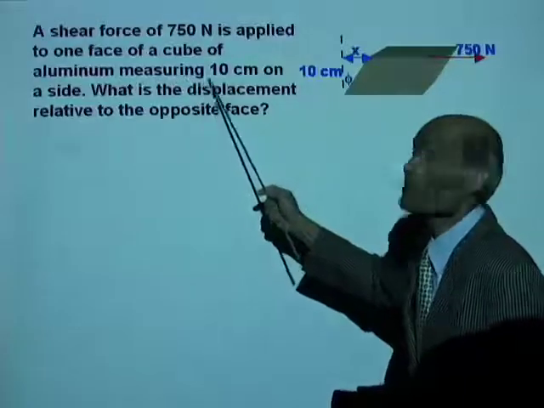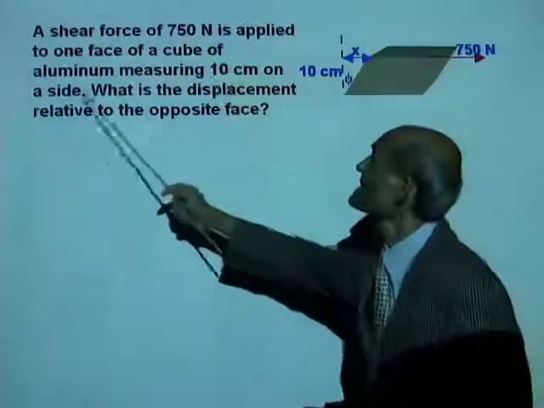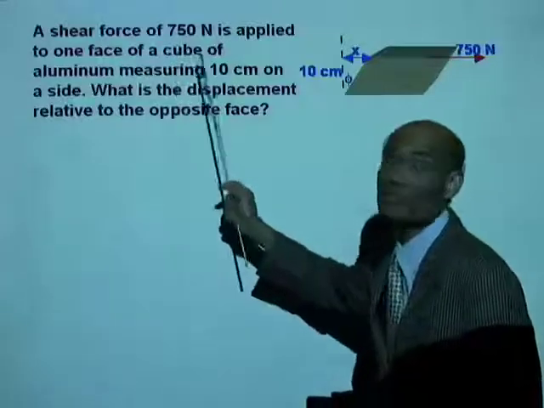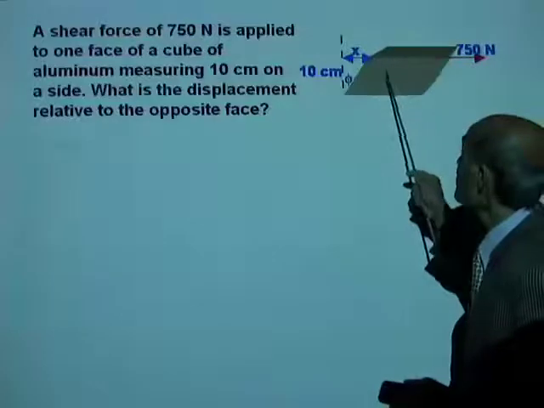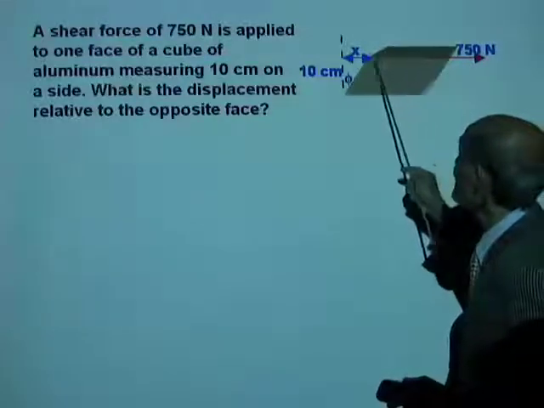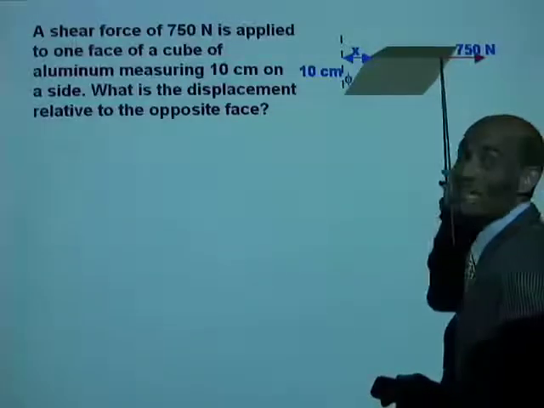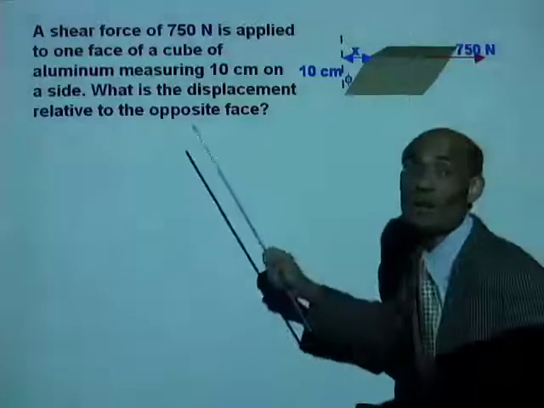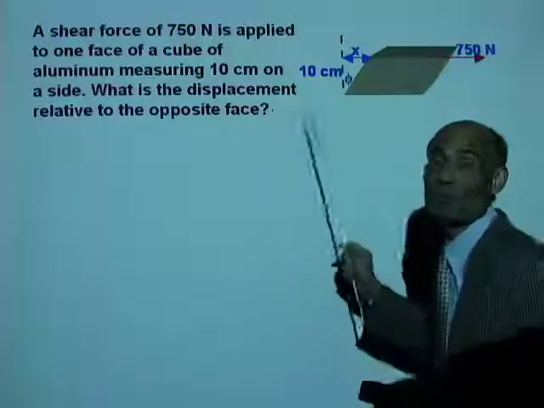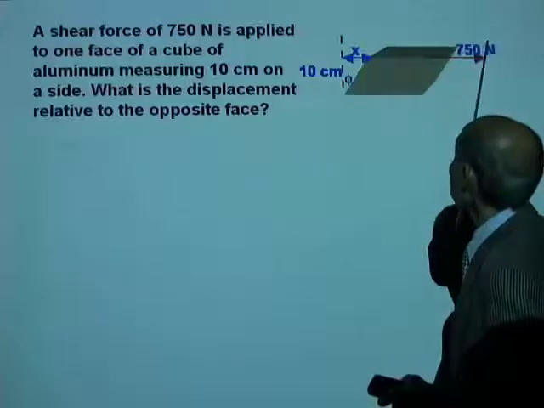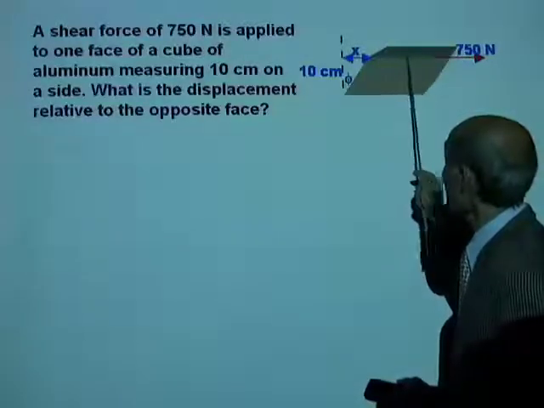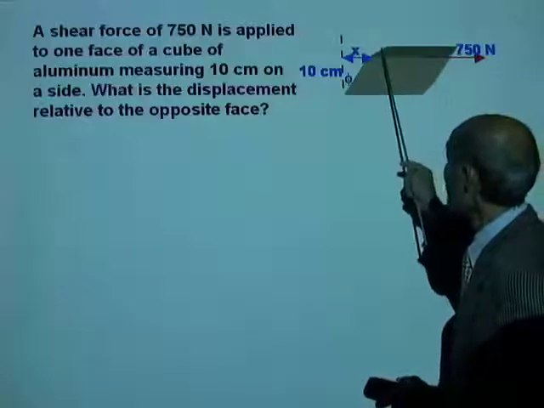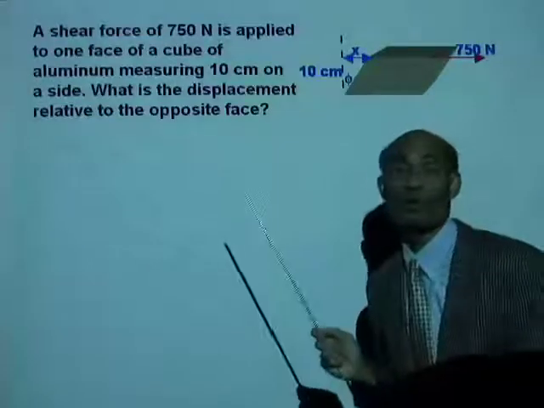The surface of the aluminum is 10 centimeter, it's a cube actually, 10 centimeter on a side. That means the top surface area will be 10 centimeter multiplied by 10 centimeter, 0.1 meter times 0.1 meter. So the 750 Newton is acting on an area 0.1 meter times 0.1 meter.